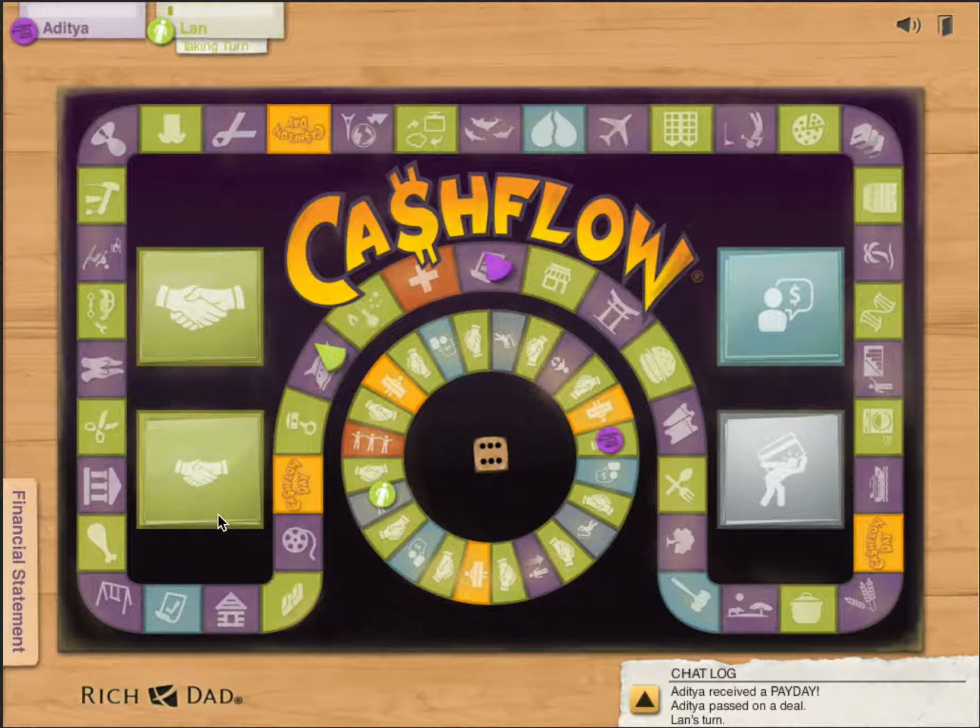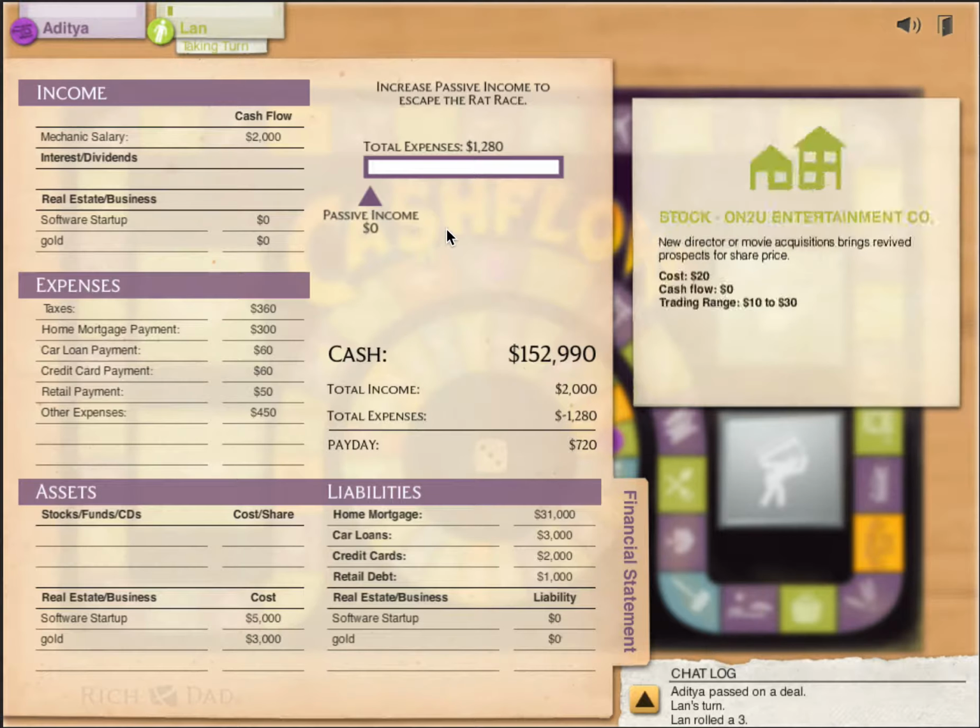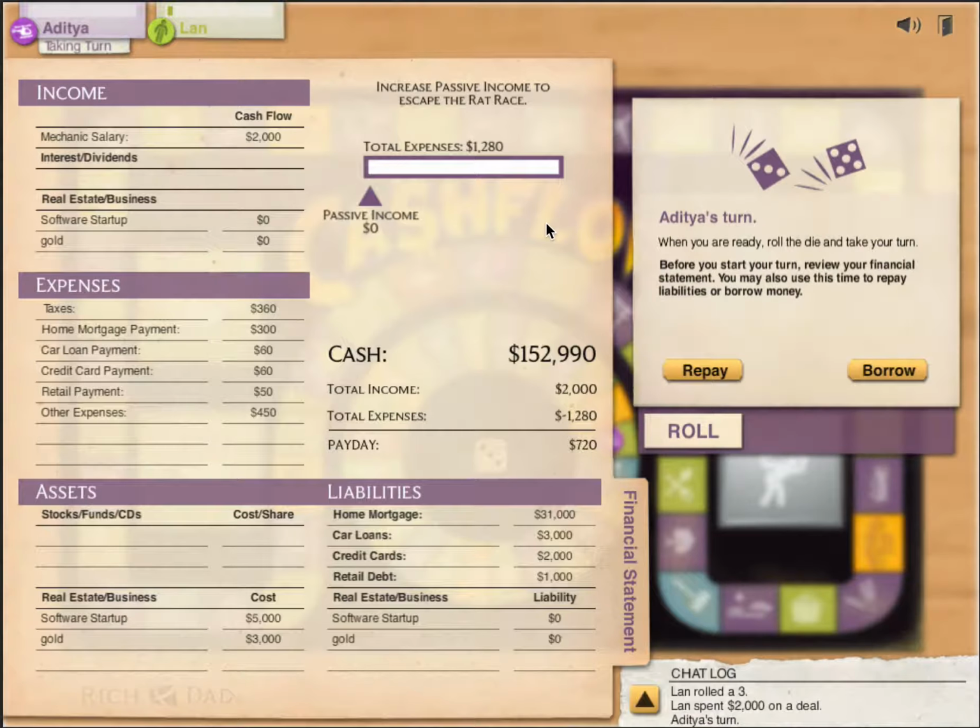We'll look for other big deals as we go and try to now work on increasing our passive income above our total expenses, because now we have a bunch of cash to work with. So your first goal is to try to get a bunch of cash, and your next goal is to use that cash to bring your passive income above your total expenses.